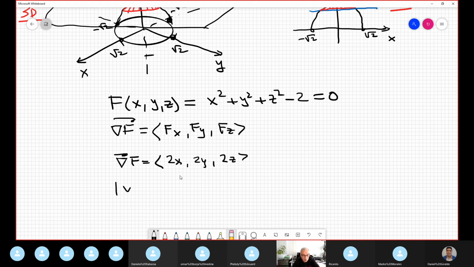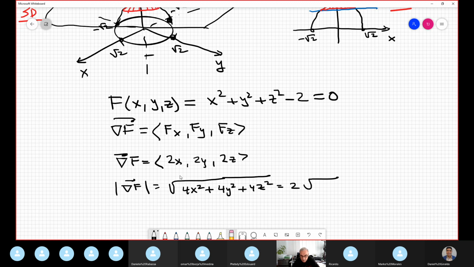And immediately you compute the magnitude of this vector. The magnitude of this vector is a square root. Square root of what? Square root of 4x squared plus 4y squared plus 4z squared. And 4 is a common factor. I factor out 4 inside the square root and outside it becomes 2, no?